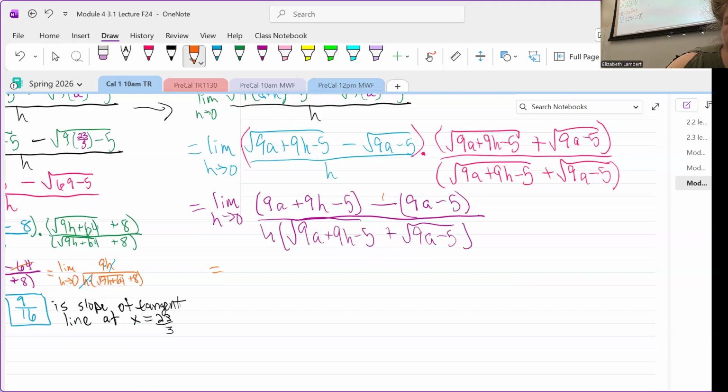Now on top, this minus sign in front of the 9a minus 5 is going to get distributed through. So I have 9a plus 9h minus 5, and then minus 9a and plus 5.